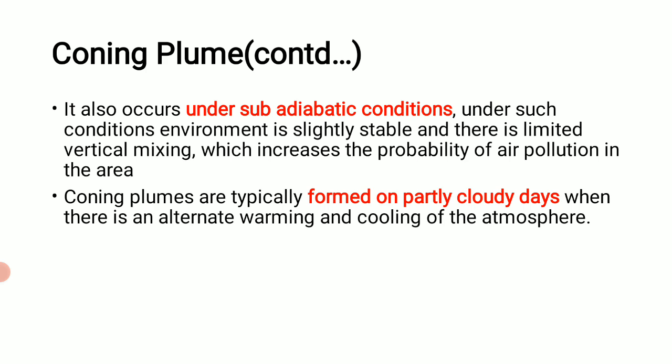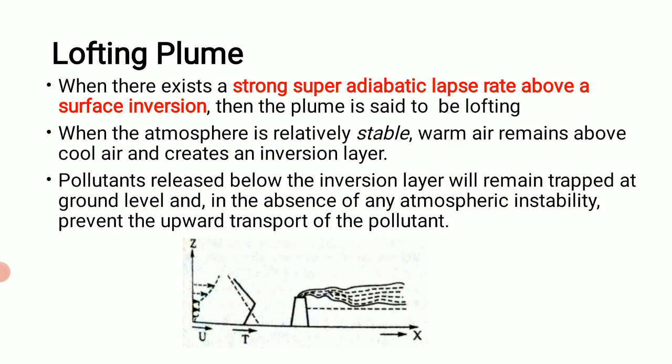There is only limited vertical mixing, and hence the probability of pollution will be more. This kind of plume happens more on partly cloudy days and when there is alternate warming and cooling of the atmosphere.